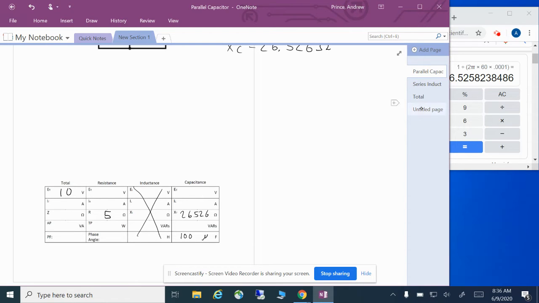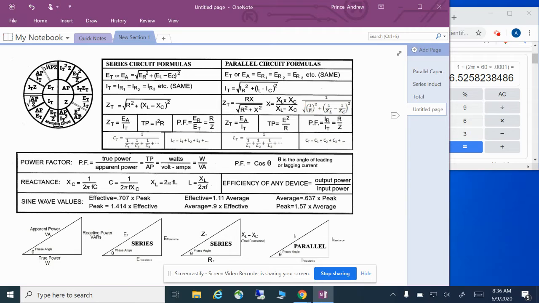Let's go ahead and pull up our formula sheet. If I'm looking for the resistance total, I'm going to be using this formula right here. It's a hybrid of our Pythagorean theorem and the reciprocal divided by the sum of the reciprocals formula that we had for DC. So let's go ahead and input that over there.